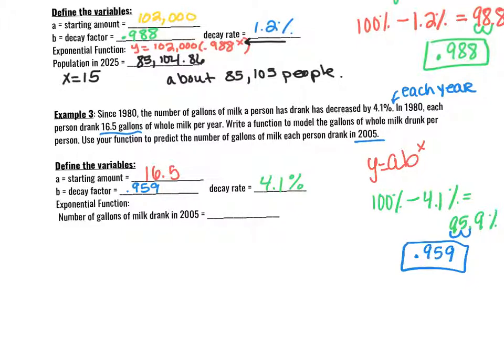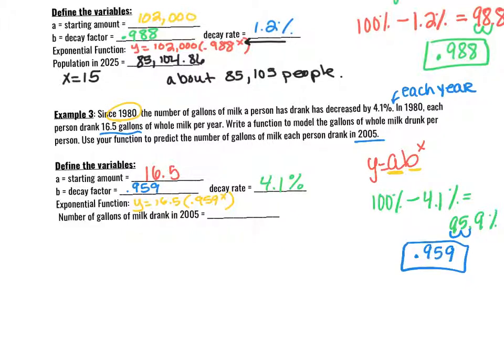So our exponential function is y equals, what is our starting amount? 16.5. What is our factor? 0.959, and we want to keep it to the x. So this is, what are the number of gallons of milk drank in 2005? Well, if you remember, this is talking about since 1980.